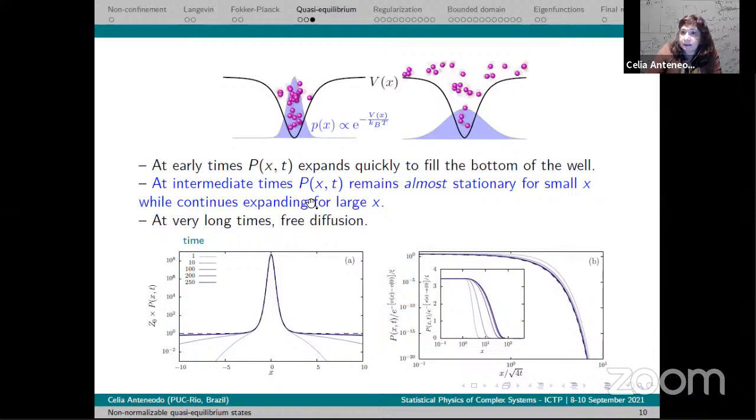And in these intermediate times, what we see is that the central part of the probability density function remains almost constant. This is after some transient time where the particles diffused and occupied the well. Most of the probability is concentrated in this region, and we see these tails.